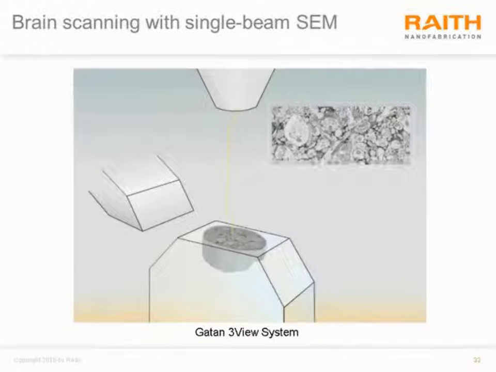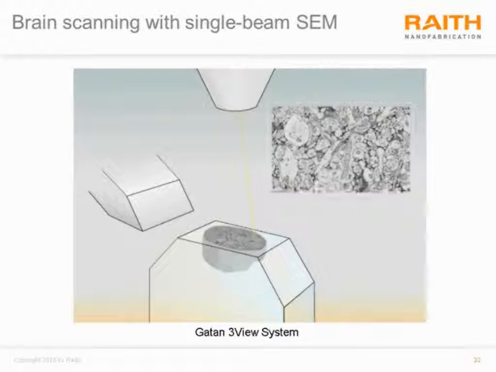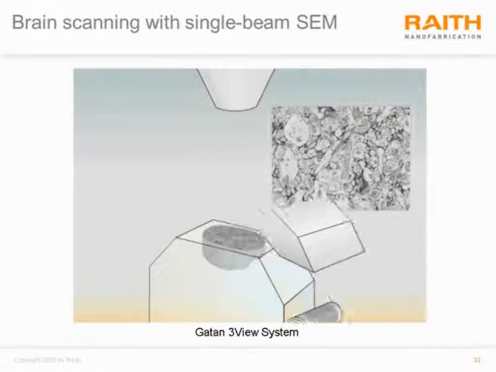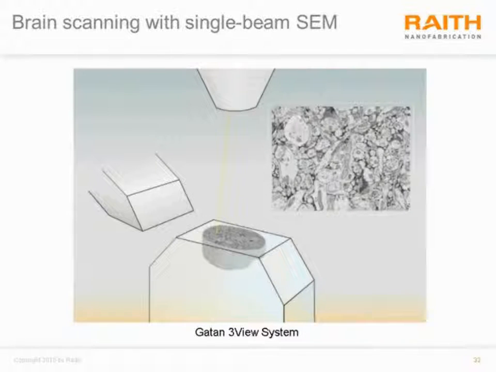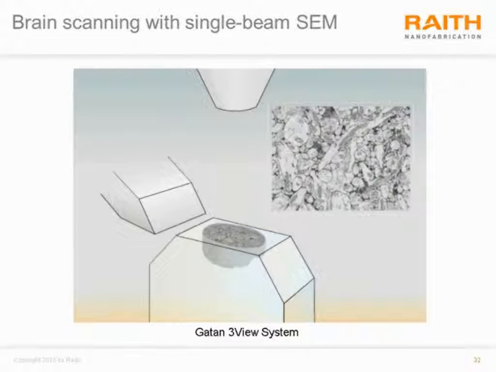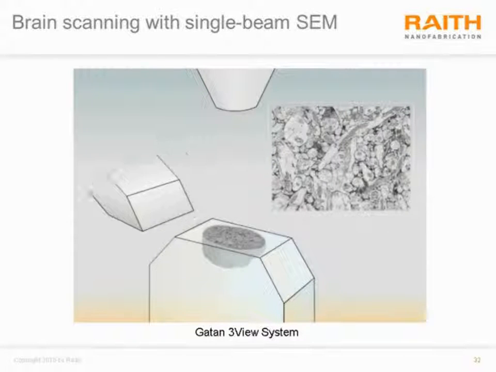And several groups around the world are already off and imaging small sections of neuronal circuits. Here is one sample preparation method where an in situ ultramicrotome is used to slice neuronal tissue right underneath the scanning electron microscope.